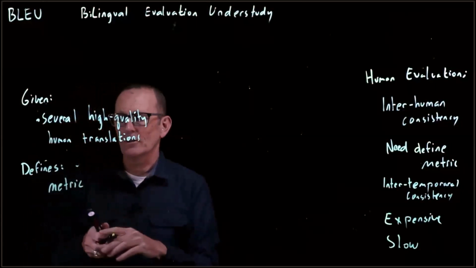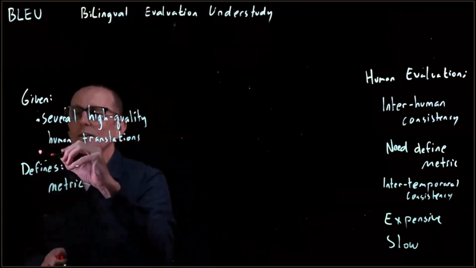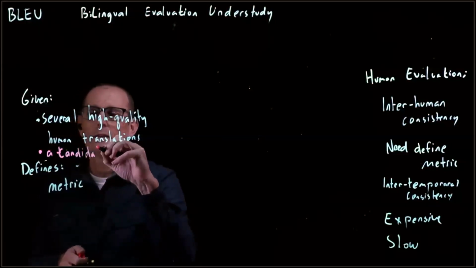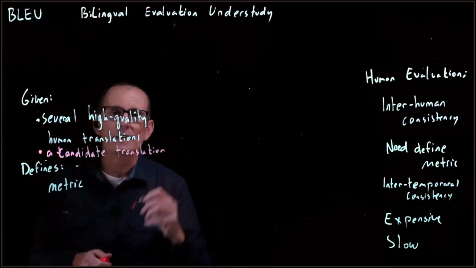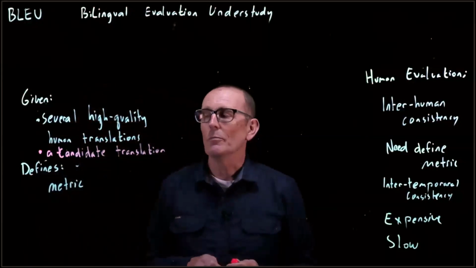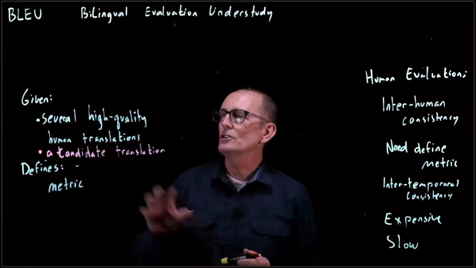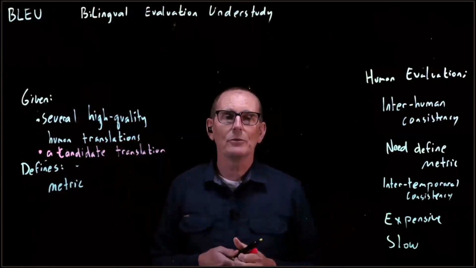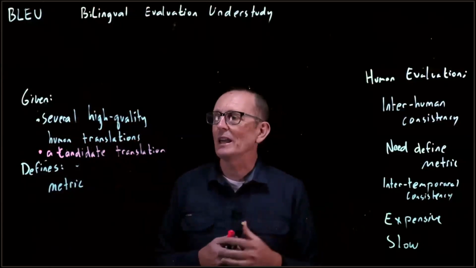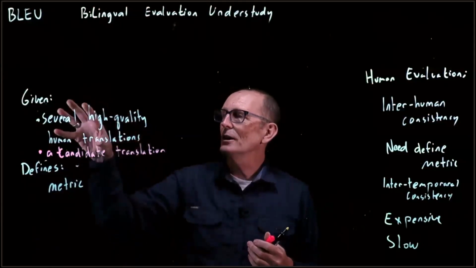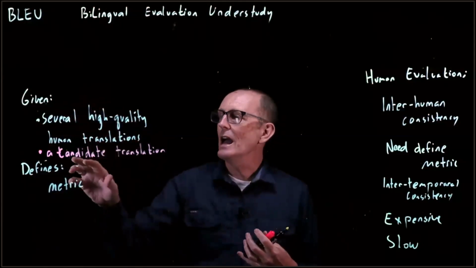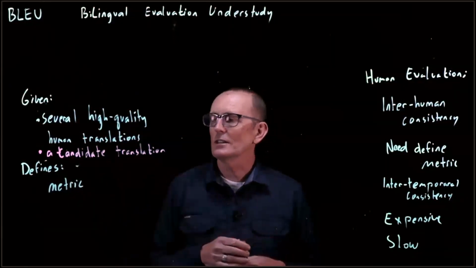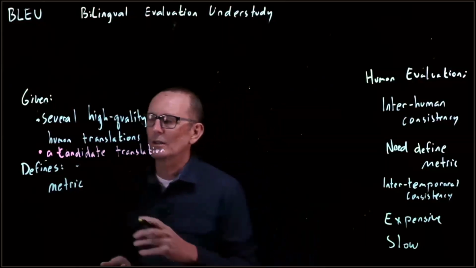So it's given several high quality human translations, and then it's also given a candidate translation. And then it is going to programmatically compare and say, I don't even care what the original sentence was. So I don't care about what the English sentence was. I'm going to just look at the Spanish translation, look at some other Spanish translations, and somehow get a sense of how good this candidate translation is. So it's going to define a metric between 0 and 1.